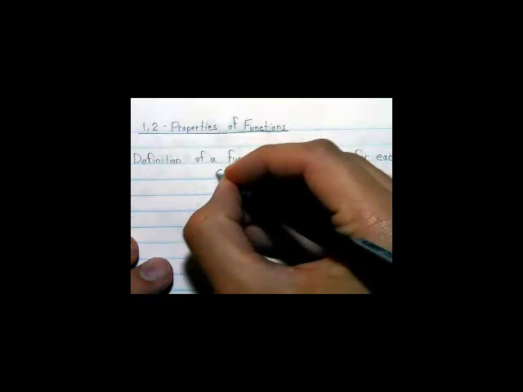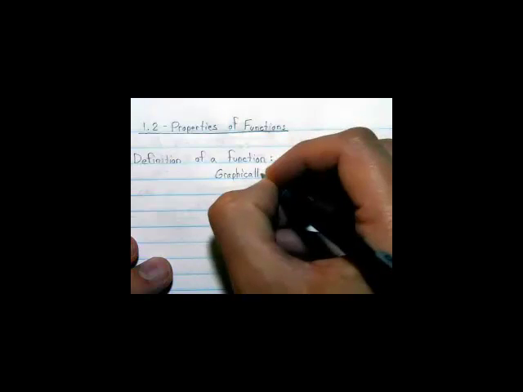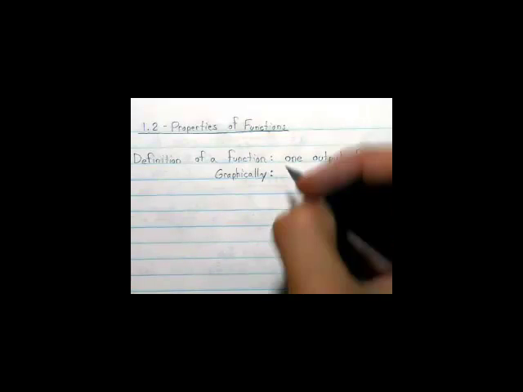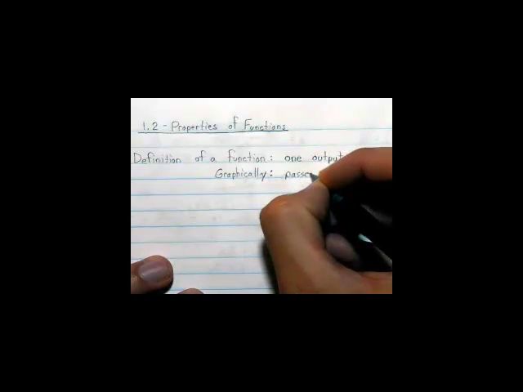Okay, so now graphically, how did you guys check for functions on a graph? Vertical line test, exactly. So it must pass the vertical line test.